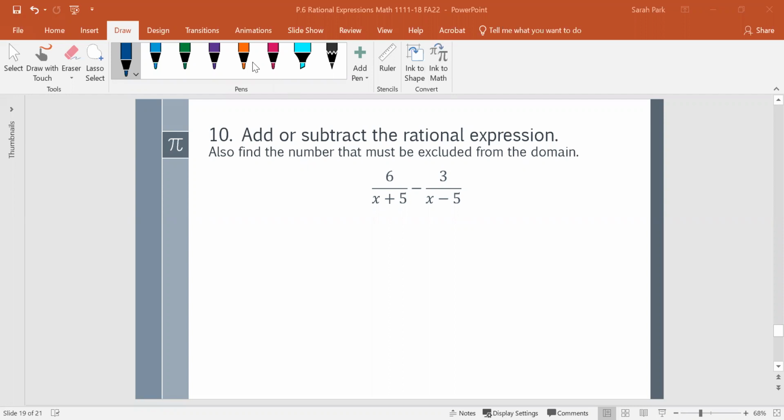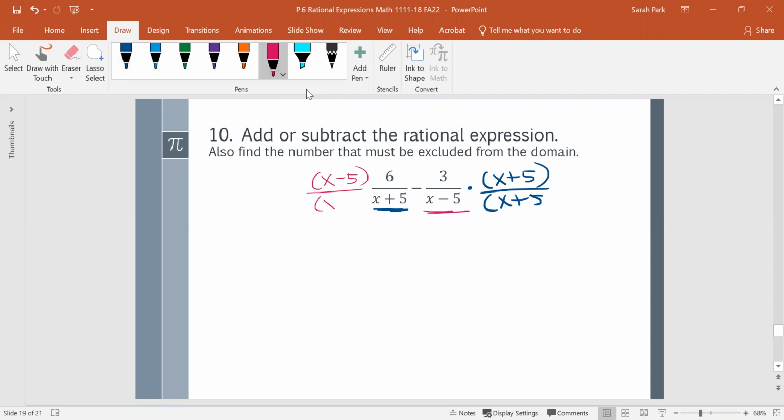And so I'm going to take the x plus 5 and multiply it with the second fraction. And then the x minus 5, we're going to multiply it with the first fraction, I should say rational expression. And then what we get is 6 times x minus 5, and then we got x minus 5 times x plus 5.